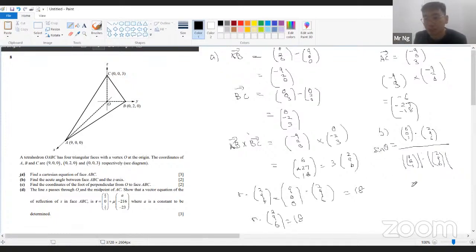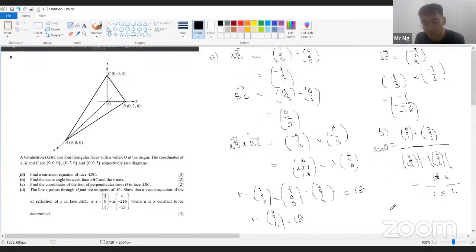Over here, this thing is equal to 12 plus 6, 18. Sometimes my handwriting is so messy, I thought this one is 6. So 001 dot 001, this thing is 6. Then this thing is 1. Then this is 4, 4 plus 81, 81 plus 36, 121, so square root 121 is 11.